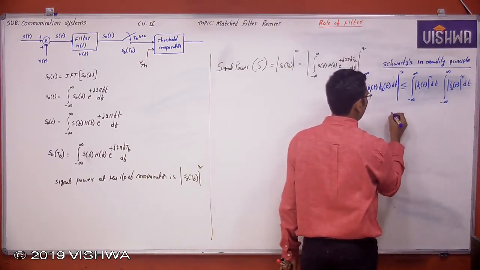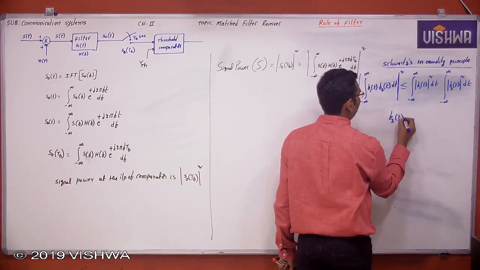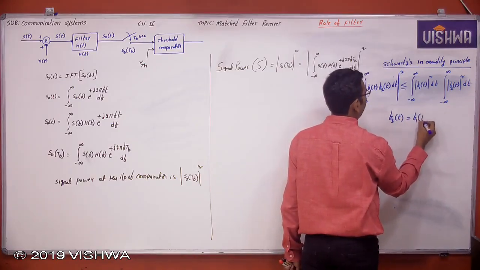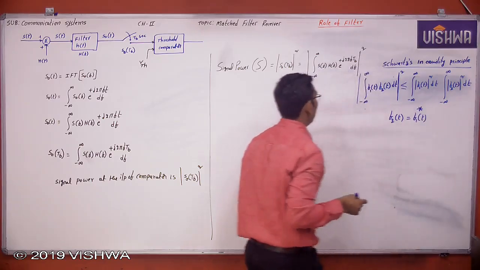Now this is possible only when f2 of t and f1 of t are complex conjugate to each other. Okay, this is complex conjugate to each other.